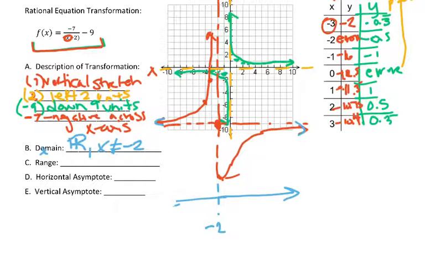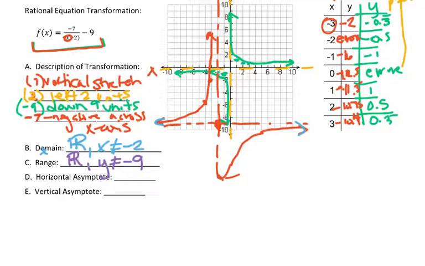The same thing is going to happen with the range, or the y values. And so in the range, again, notice that it's going all the way up and all the way down, but over here at negative 9, we're having an issue. So we're going to say, again, all real numbers, but y cannot be negative 9.